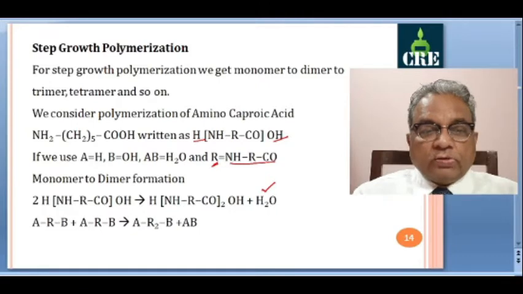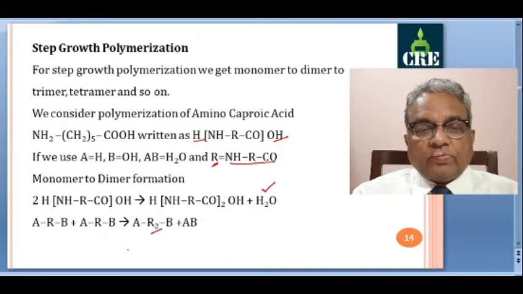In symbols we will write this as ARB plus ARB. This is also step growth polymerization, also known as ARB polymerization. So ARB plus ARB, these are 2 times ARB. So this gives us A R2B plus AB. AB is this water molecule.